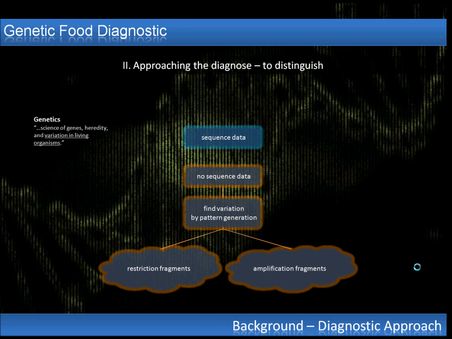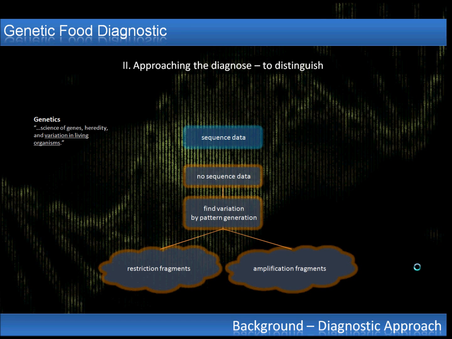Then we have to find variation, and my research showed that pattern generation is one of the approaches to find variation in the genome of organisms, and there are two ways or two methodologies. One is by creating restriction fragments, and the other is by just creating amplification fragments.